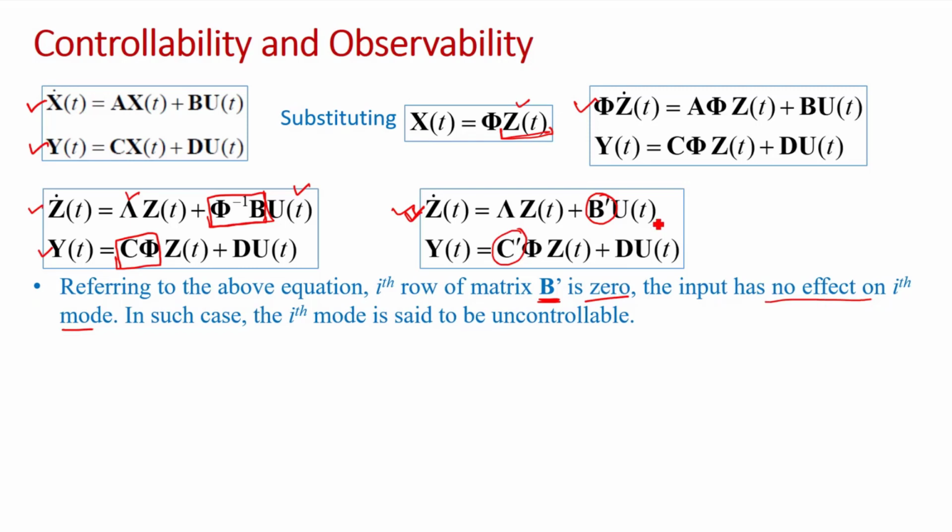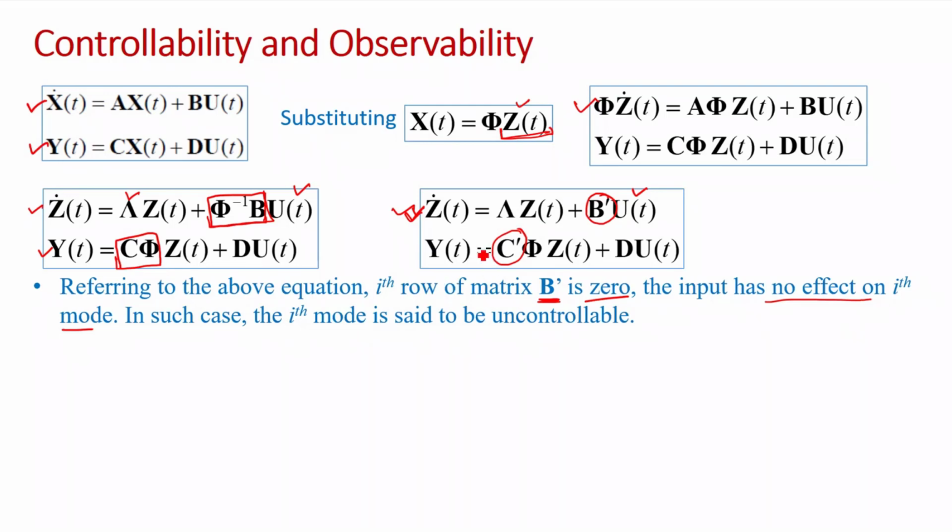Different modes. So the control input has no effect on the ith mode. That means your ith mode is uncontrollable when the row of B dash becomes 0. If it is not 0, if any of the elements is non-zero, then it is controllable, right?